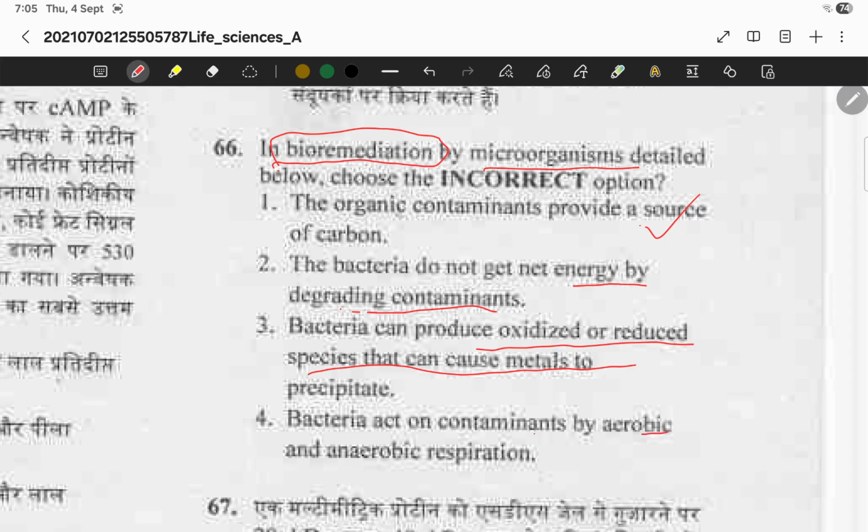Bacteria degrade contaminants by aerobic respiration, which is incorrect. I'll go for B. I don't know.